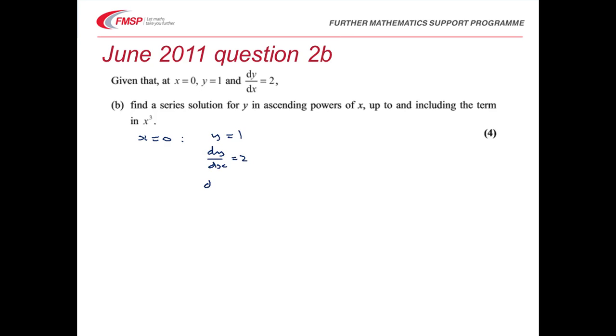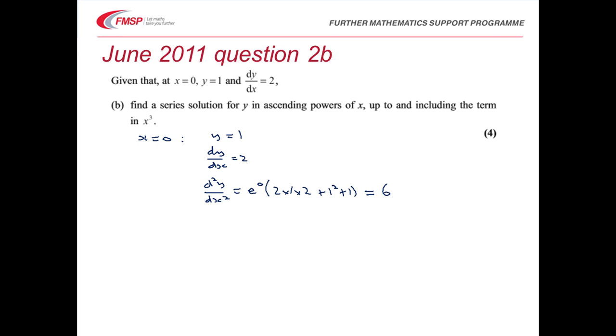I can use the given formula for d2y by dx squared, which would give me e to the 0, 2 times 1 times 2, plus 1 squared plus 1. So I know the second derivative is exactly 6.